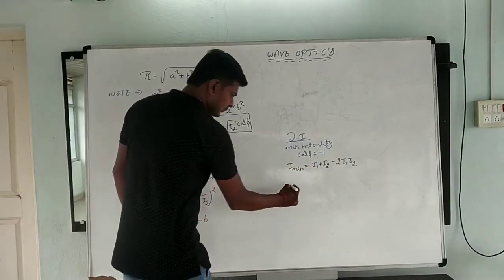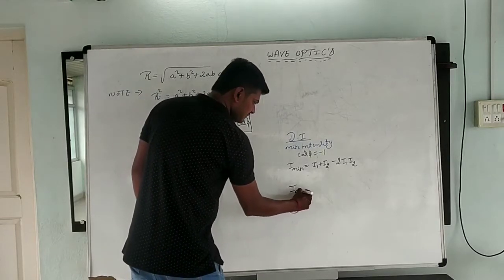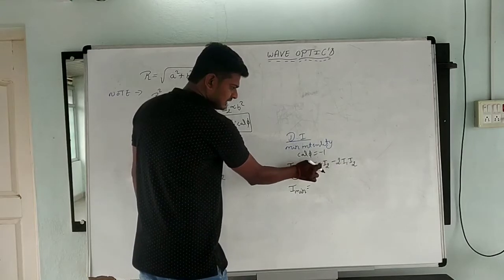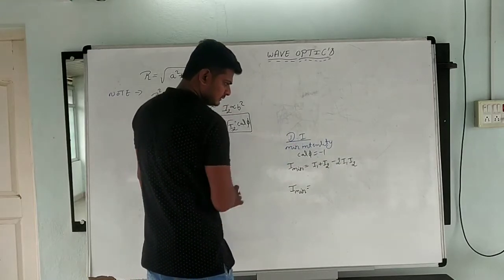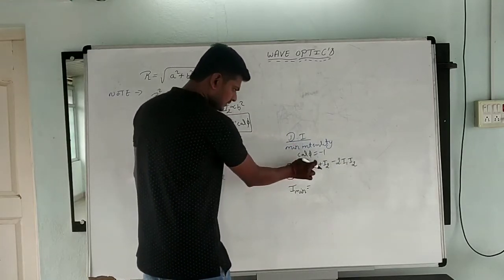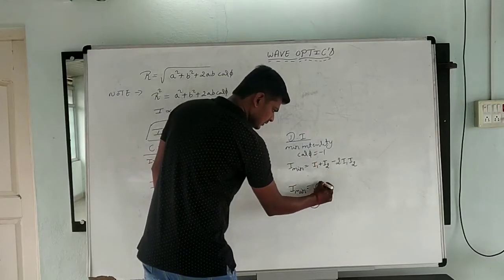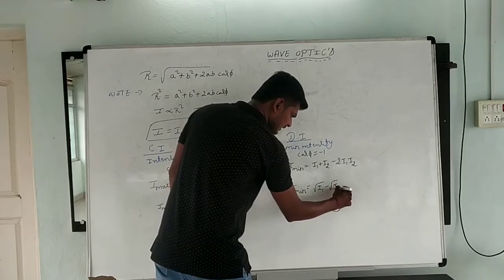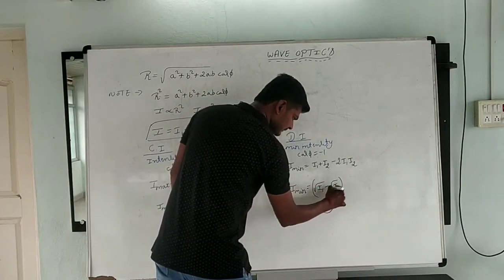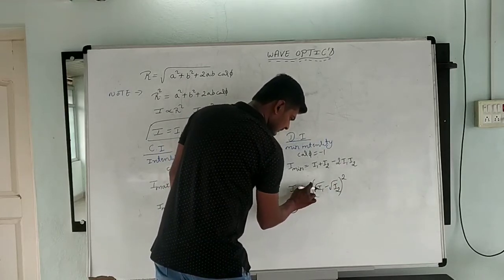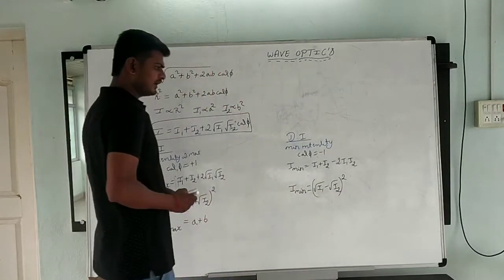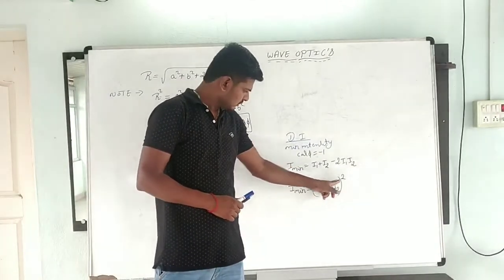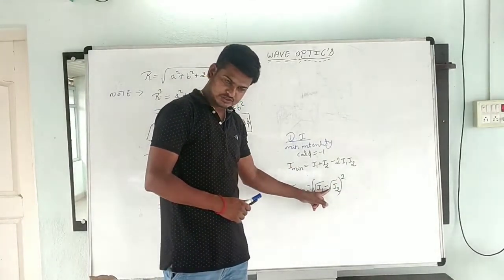This expression, in the same way, you can write I minimum is equal to root of I1 minus root of I2, whole square. Root I1 minus root I2 whole square means A minus B whole square, so A square plus B square minus 2AB.